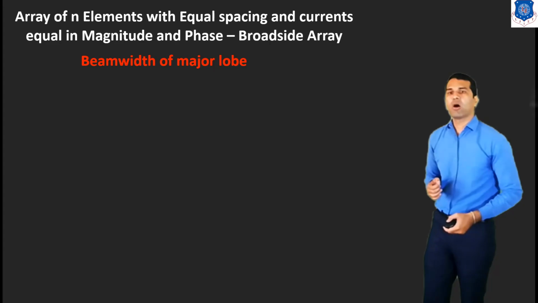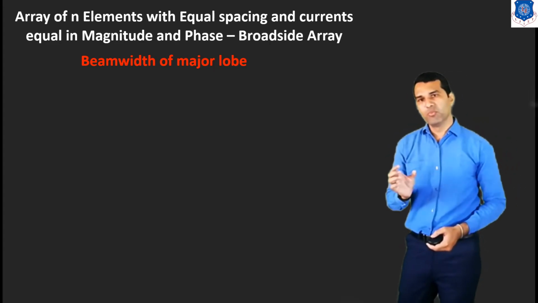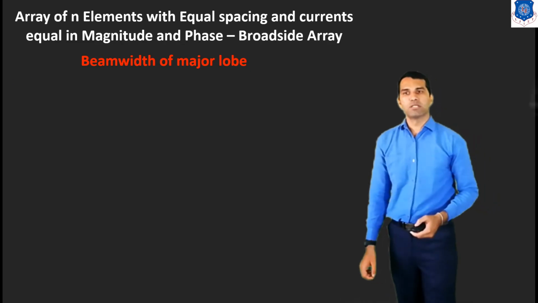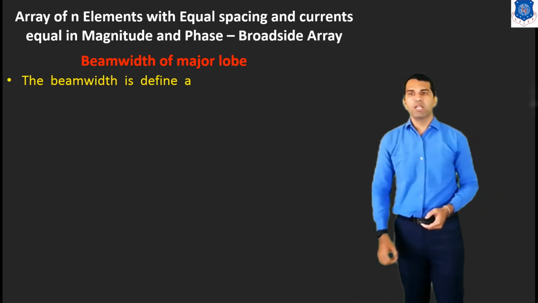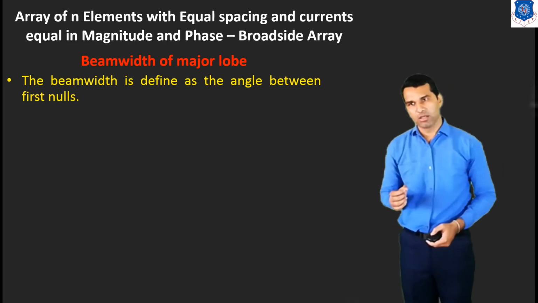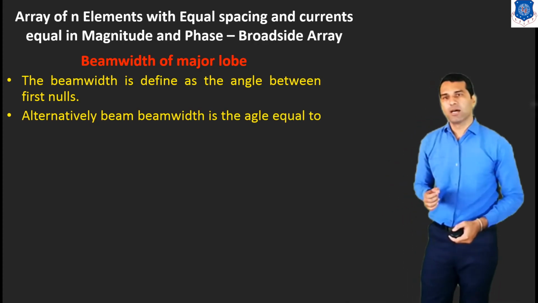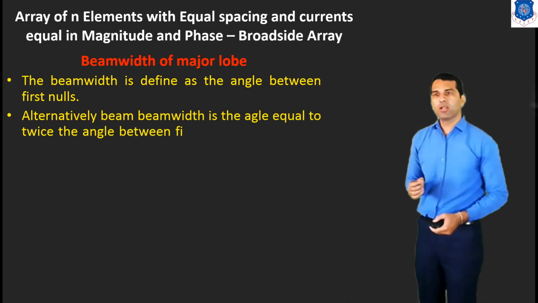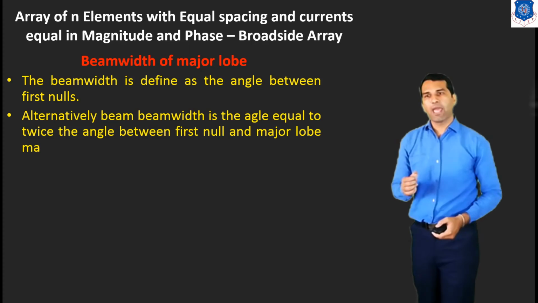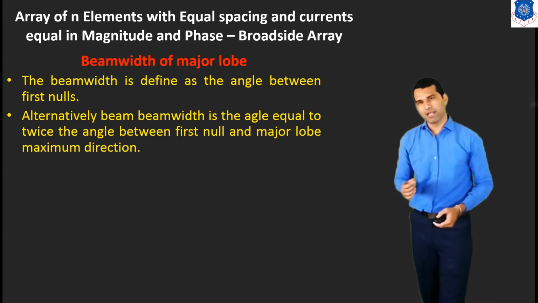Now, the beam width of the major lobe. Here we discuss the beam width of the major lobe. The beam width is defined as the angle between the first nulls. Alternatively, the beam width is the angle equal to twice the angle between the first null and the major lobe maximum direction.